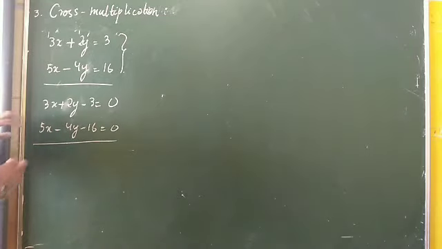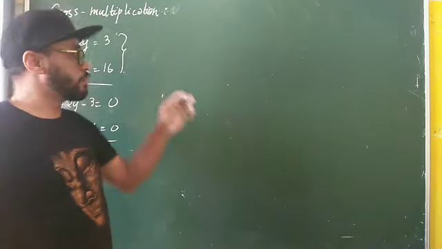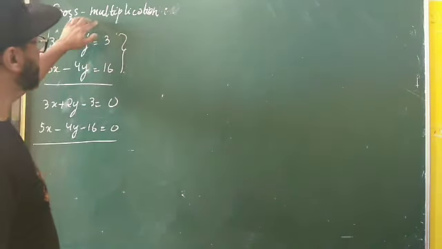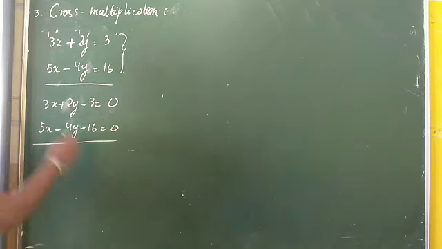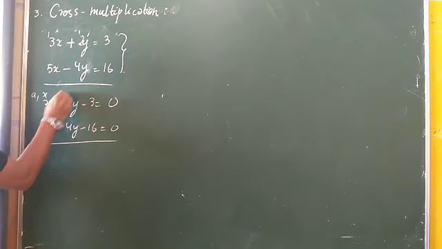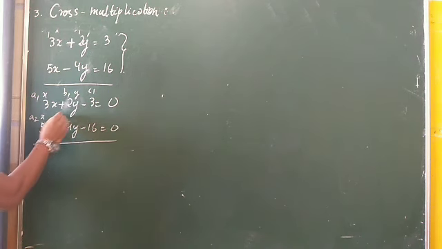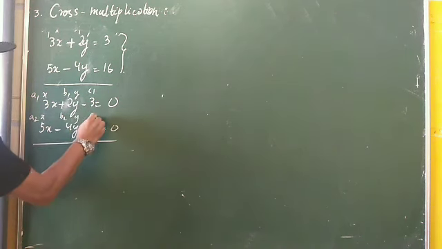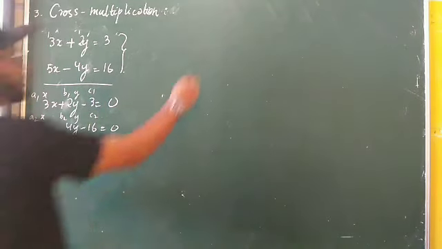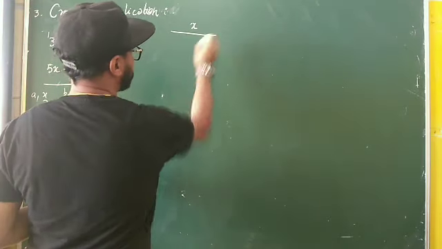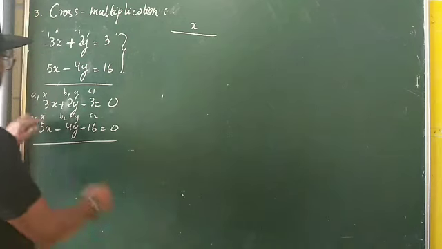Alright, now let's relate this with the general equation we discussed in the cross multiplication method. So this is a1x + b1y + c1 = 0, a2x + b2y + c2 = 0. What is the rule?